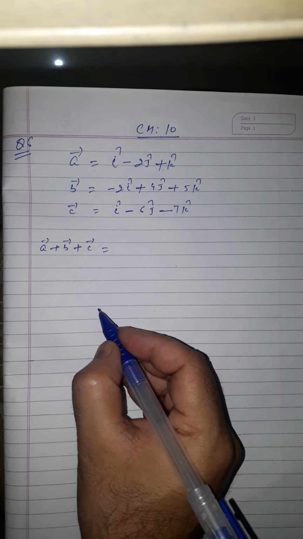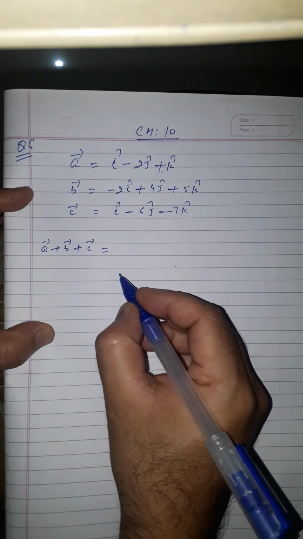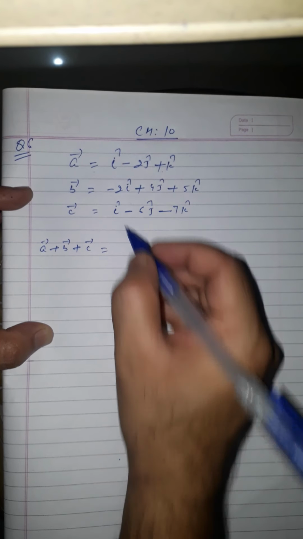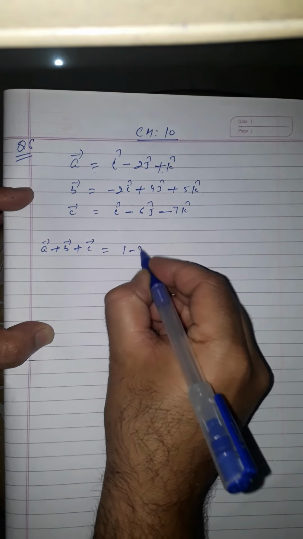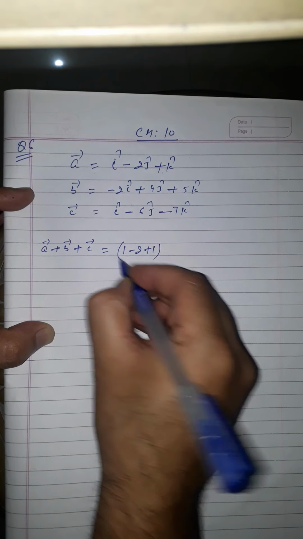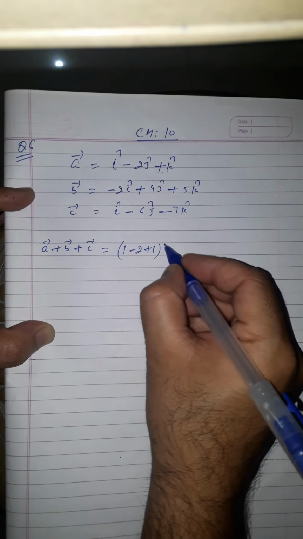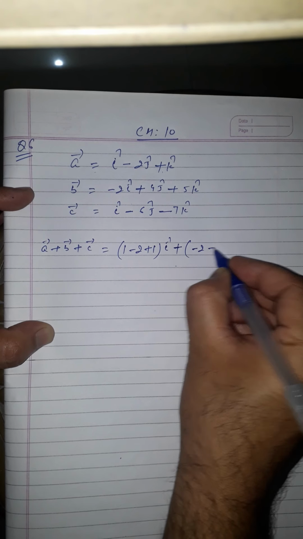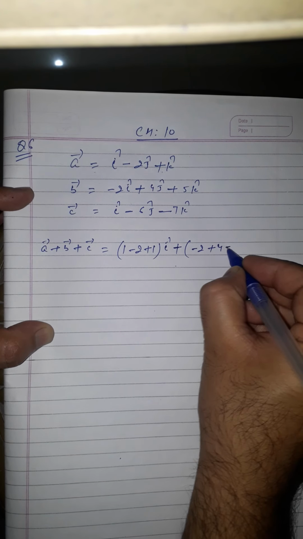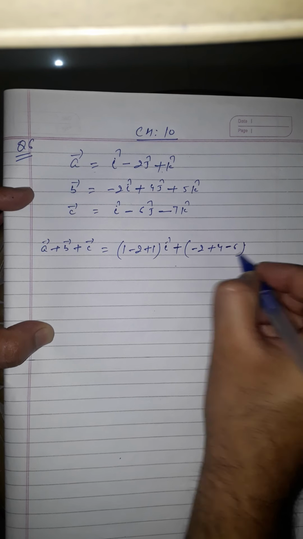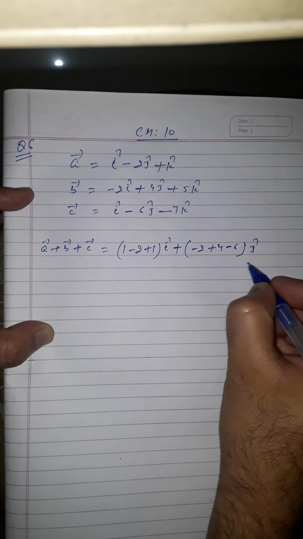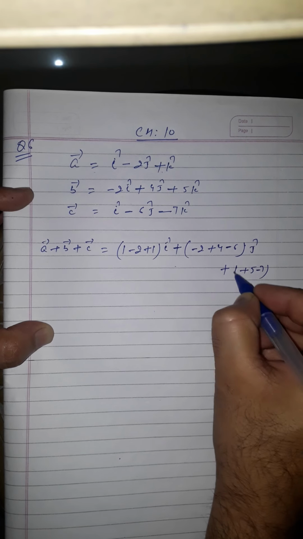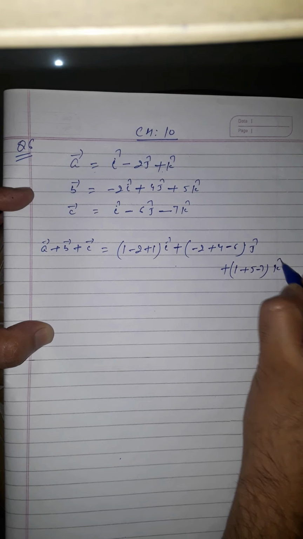In that case, we will first add all the terms having unit vector i, means 1 minus 2 plus 1 into i cap, plus minus 2 plus 4 minus 6 j cap, plus 1 plus 5 minus 7 into k cap.